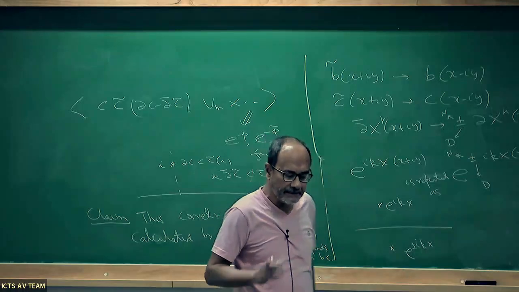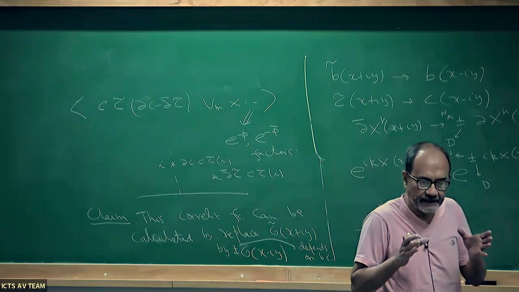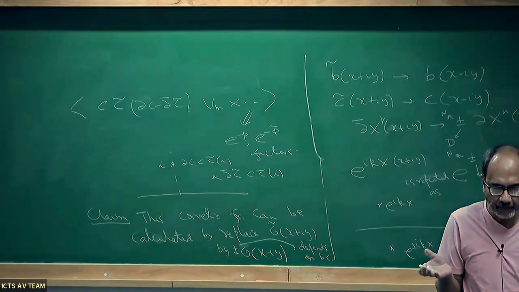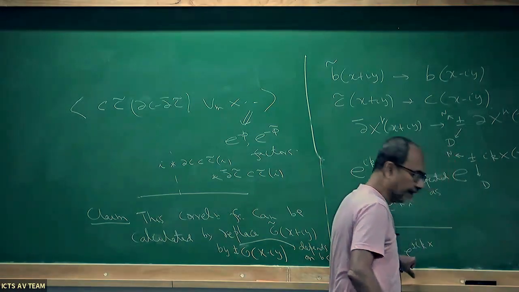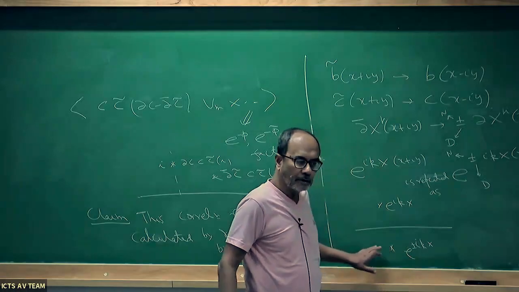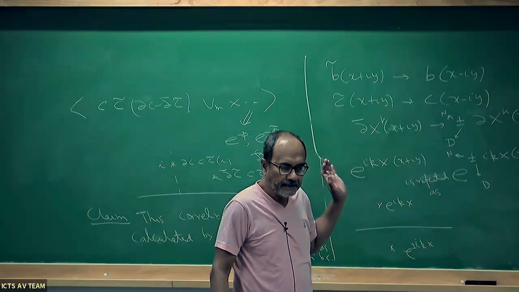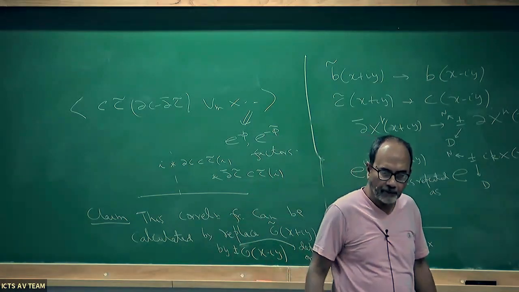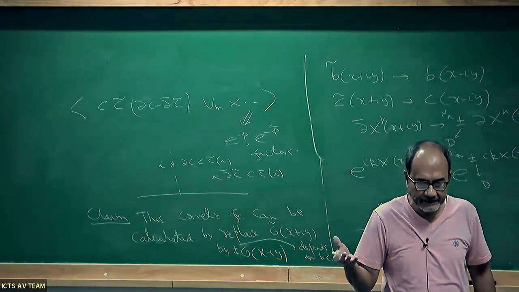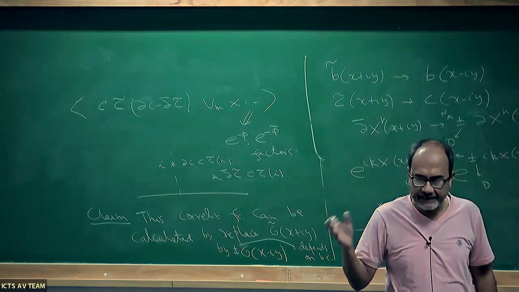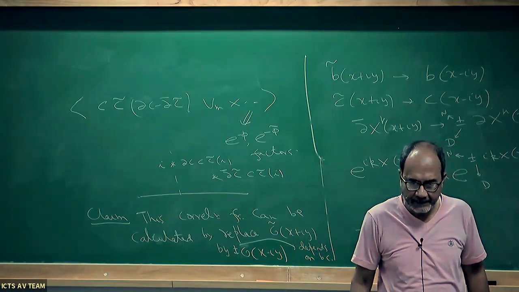Okay, because the point is e to the ik dot X has both holomorphic and anti-holomorphic parts, right? So it's basically the anti-holomorphic part which is getting replaced here. So ultimately the calculation will involve only the holomorphic part, because all the anti-holomorphic parts are replaced by holomorphic parts anyway. If you have ∂̄X, it will be replaced by minus ∂X or plus ∂X, right?